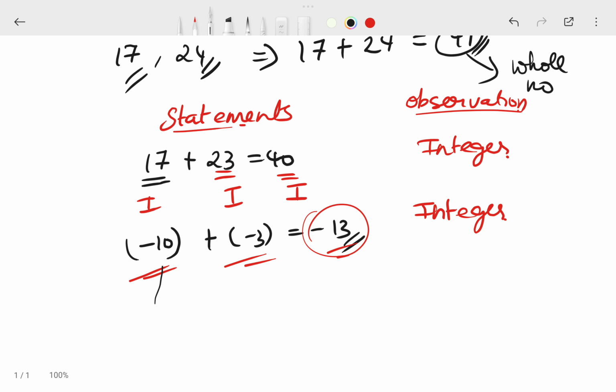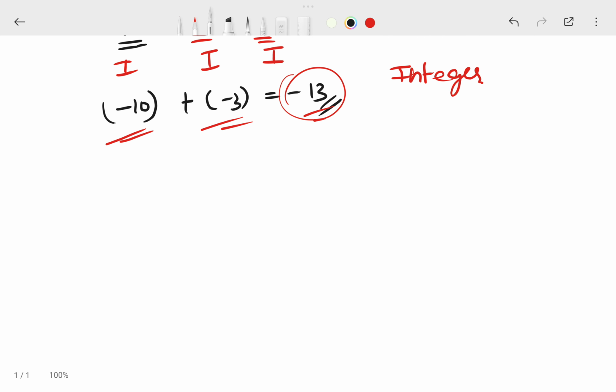Now again we will take another example. Let's say -20 plus 20. This is an integer, this is an integer, and the answer is, of course, an integer.